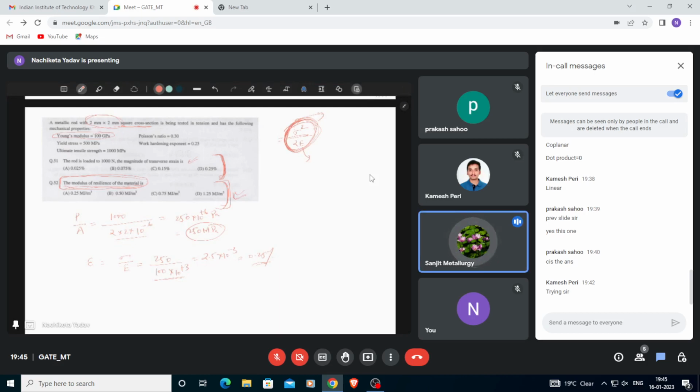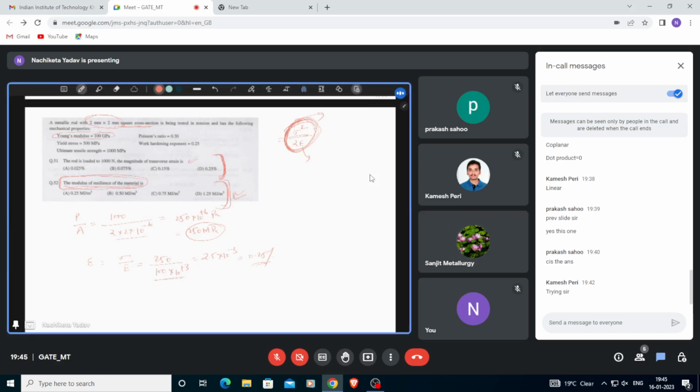Yes, Poisson is right. Suppose this is the cross section. You know Poisson's ratio is strain x by strain y, longitudinal. This is length.